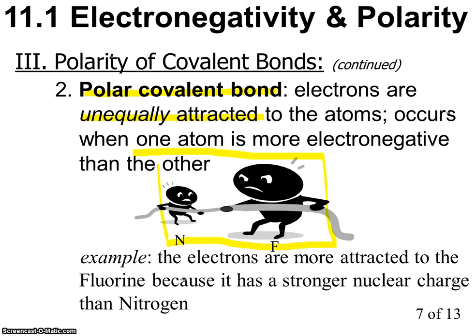Well, we know the reason now: if we compare them, these two elements are in the same period, so they have the same amount of energy levels, which means they have the same amount of electron shielding. However, fluorine has a stronger nuclear charge than nitrogen because fluorine has more protons. So it is going to be able to pull more strongly on the shared electrons. So that is why it is shown as the bigger, stronger person pulling the rope here.